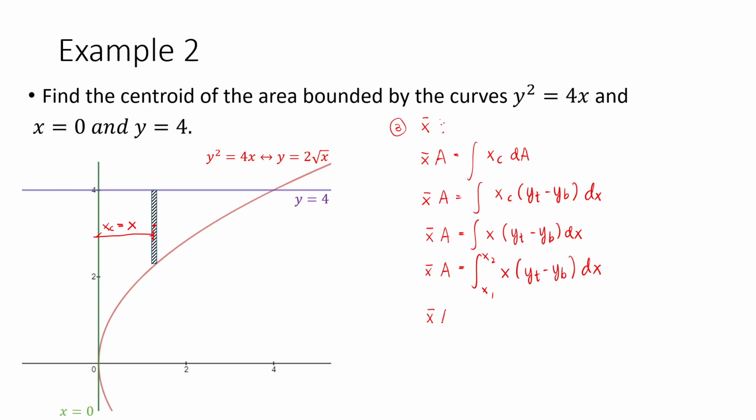So bar x times the area is equal to the integral from 0 to 4 of x times 4 minus 2 square root of x, dx. So bar x times 5.33. Then on the right side, the value of the integral. Then bar x.